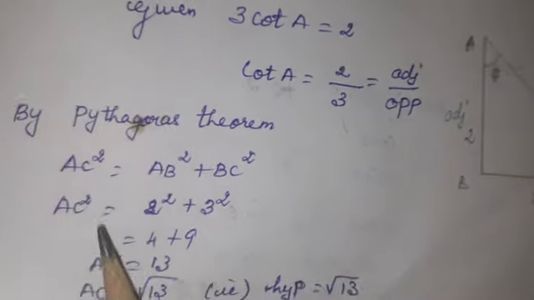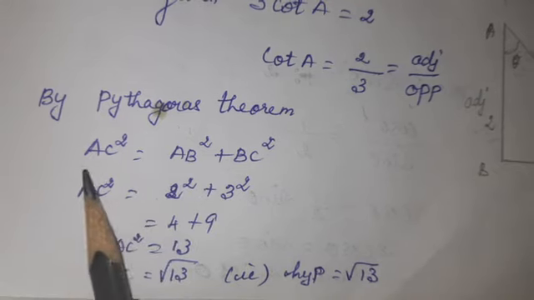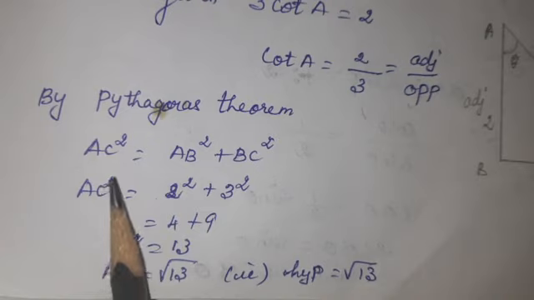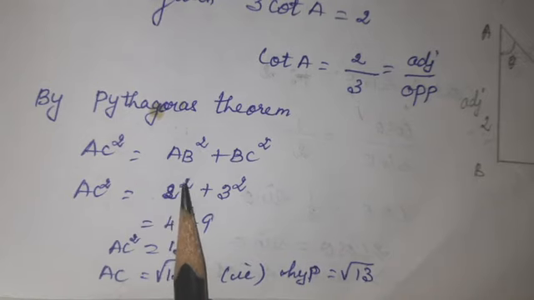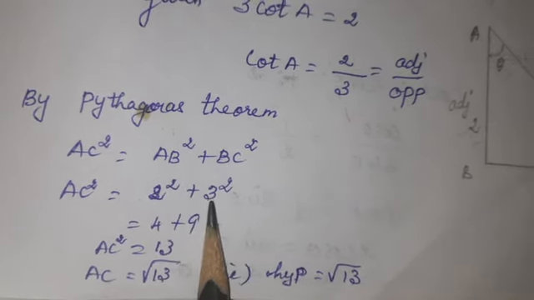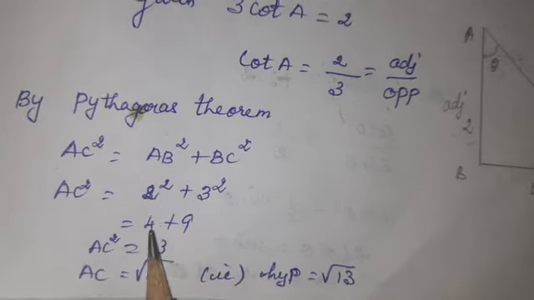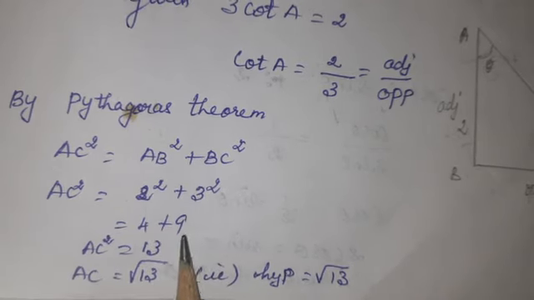By using the Pythagoras theorem concept, we should find that AC. So AC square is equal to AB square plus BC square. AC we don't know, so you write the same, is equal to AB value is 2 square plus BC value is 3, so you write here 3 square. 2 square means 4 plus 3 square is 3 into 3 is 9. 4 plus 9 is 13.